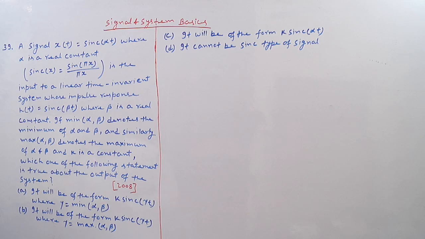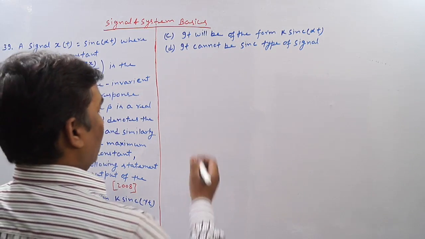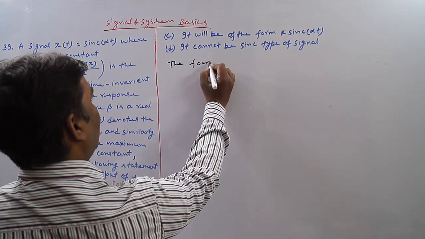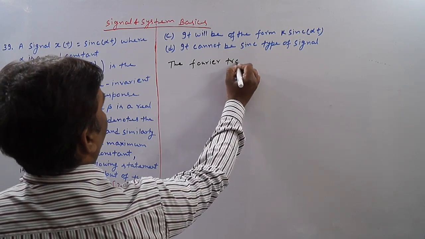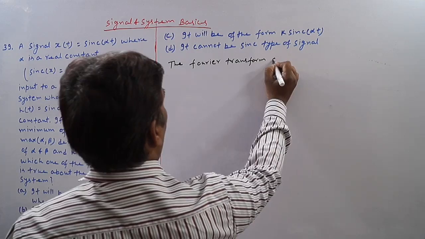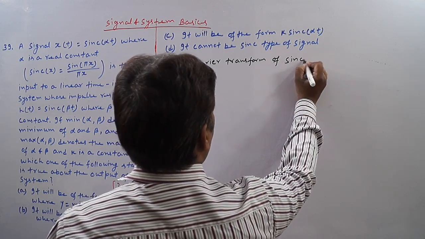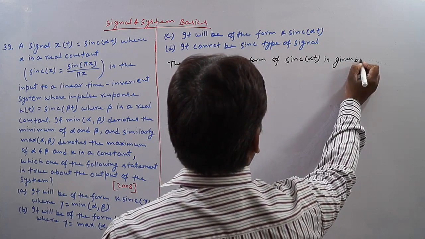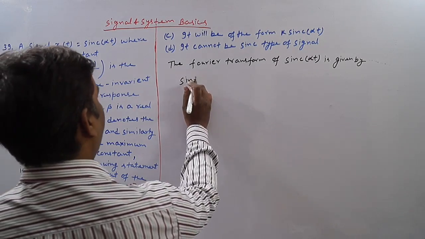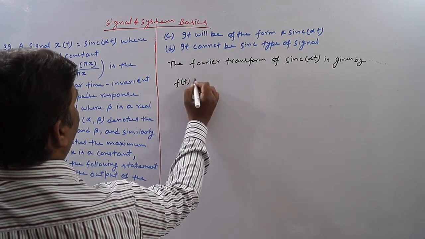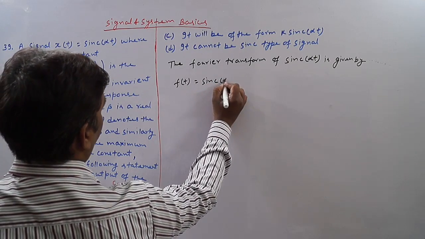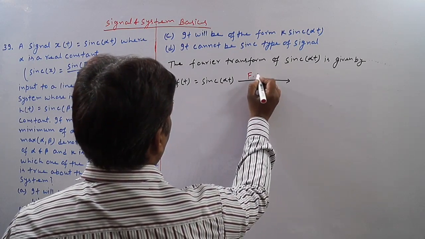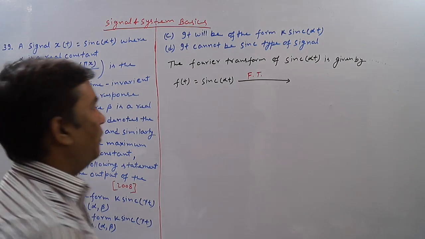Let us write here, suppose f(t) is sinc alpha t, and now we apply the Fourier transform.